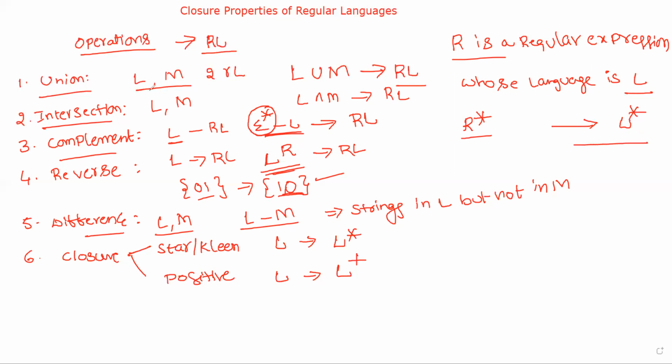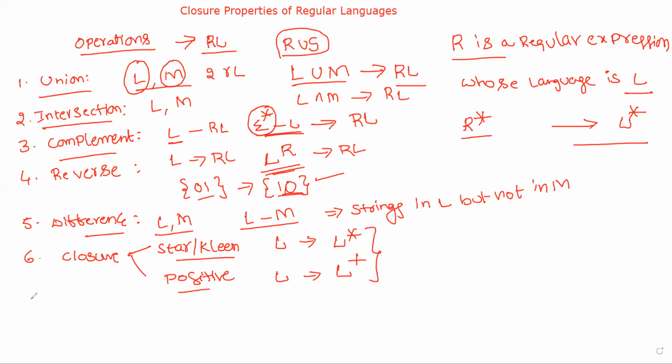Similarly, for union: if R is a regular expression that generates a language L, S is a regular expression that generates a language M, then R union S is also a regular expression that generates the language L union M. That means a regular language is derived from a regular expression, whether it is the star closure or positive closure.